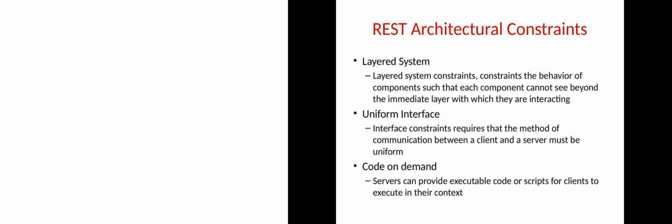Layered system. The components can see only their layer. They cannot see beyond the immediate layer with which they are interacting. So each component can see only its layer and not other layers.